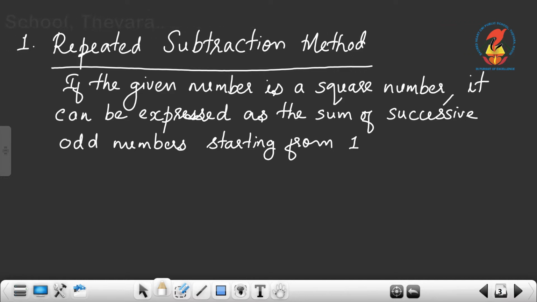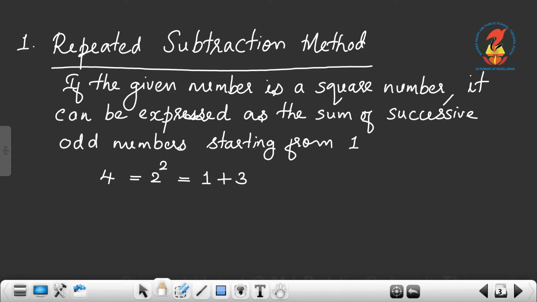For example, we know that 4 is a square number, a perfect square. 4 we can write as 2 square, and 4 is the sum of the first 2 odd numbers starting from 1, that is 1 plus 3. Okay.